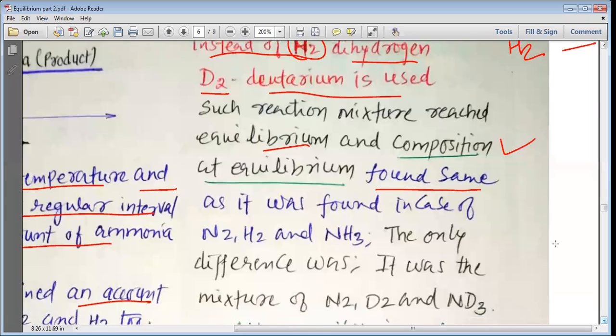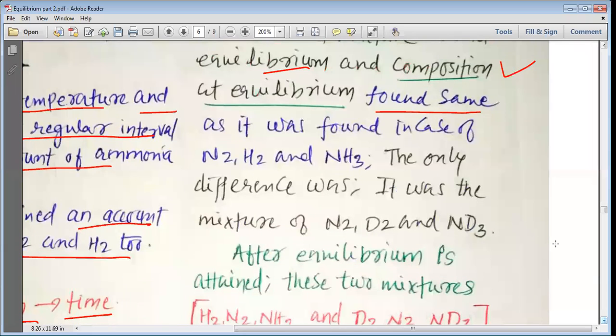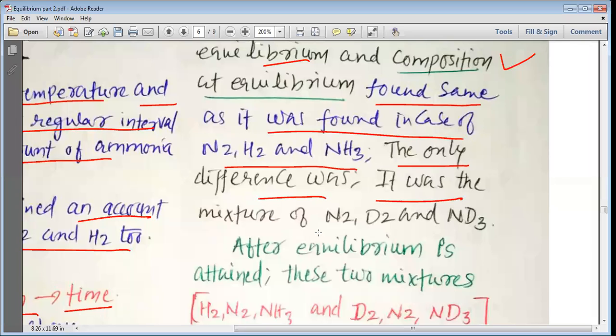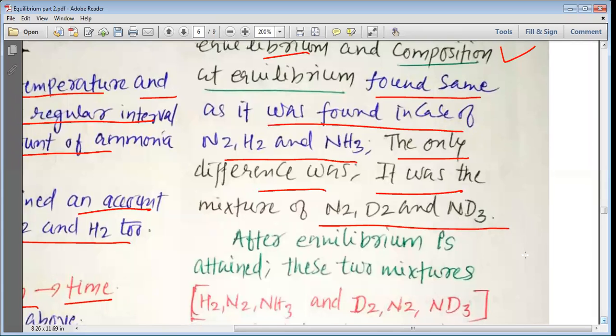So the composition of N2, H2 and NH3 at equilibrium was the same as the composition of D2, N2 and ND3. The only difference was that it was N2, D2 and ND3 instead of N2, H2 and NH3.